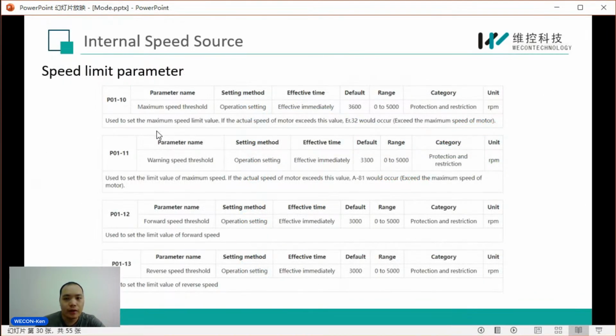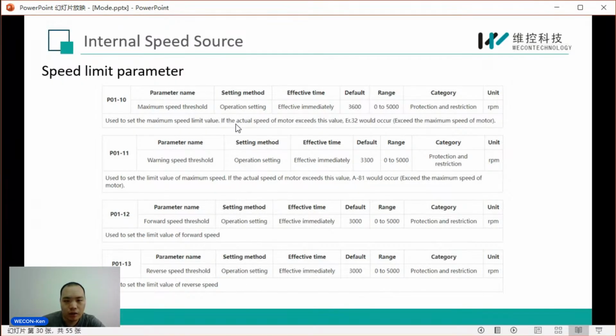And then here are the limit parameters to keep people and machine safe. They are described in detail below. Take a look.